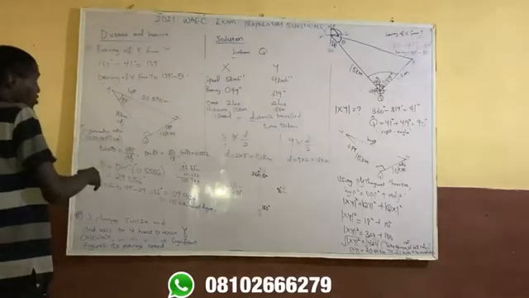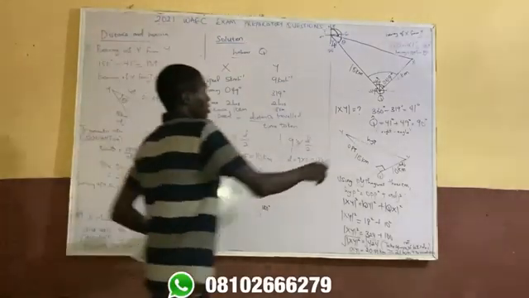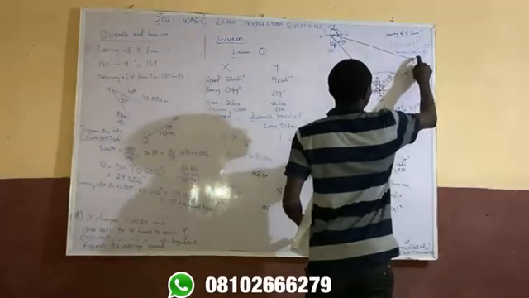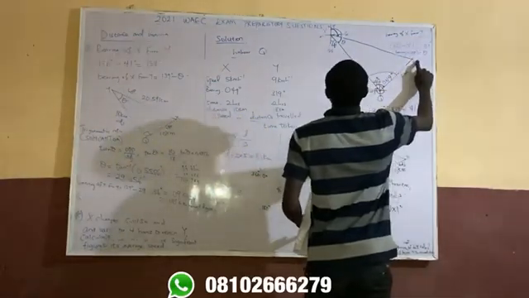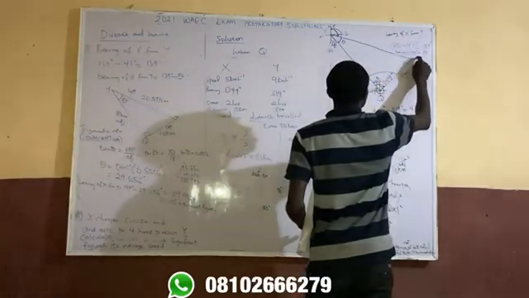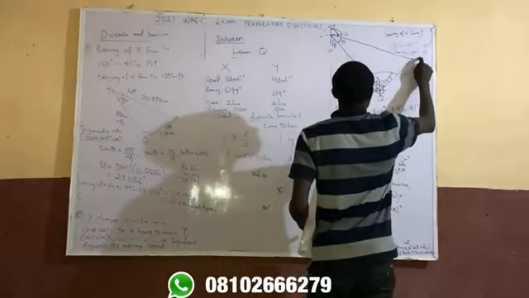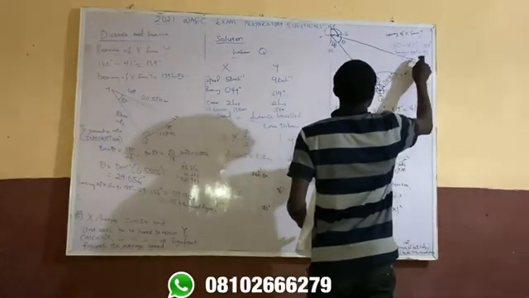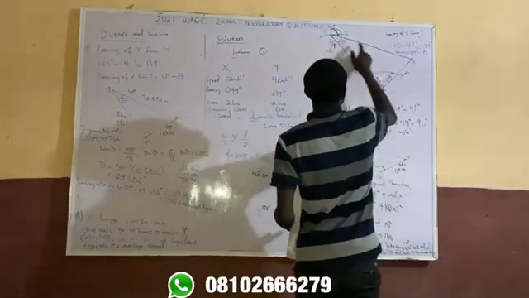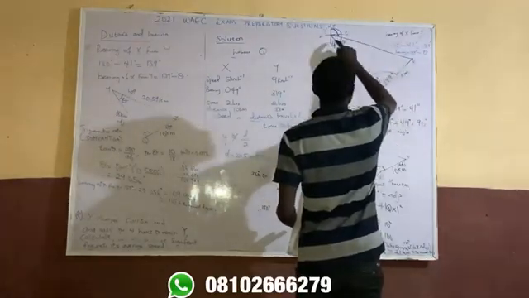If x changes course, now what I'm going to do in this x now, the ship is exactly changing course from here. If we change this course, we can only decide to go and meet y.